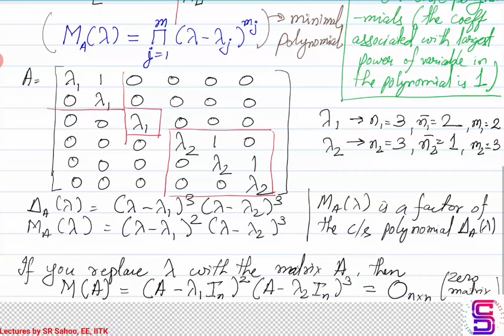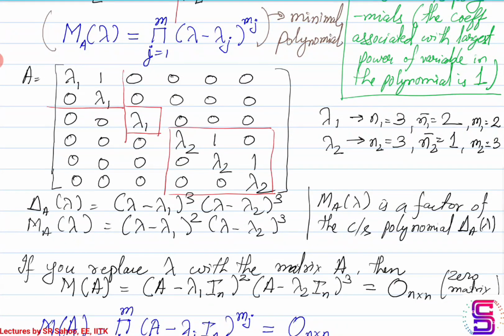If you, let's say, in this particular example of A that we have taken, if you take lambda minus lambda 1, drop the squared. So let's say you either drop the squared or reduce the cube by 1 power. Okay, so let's say you drop the square for simplicity.